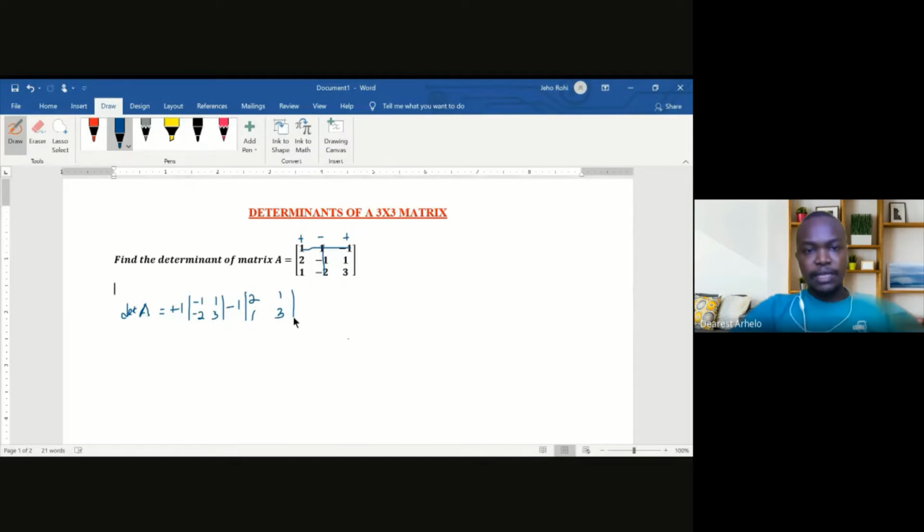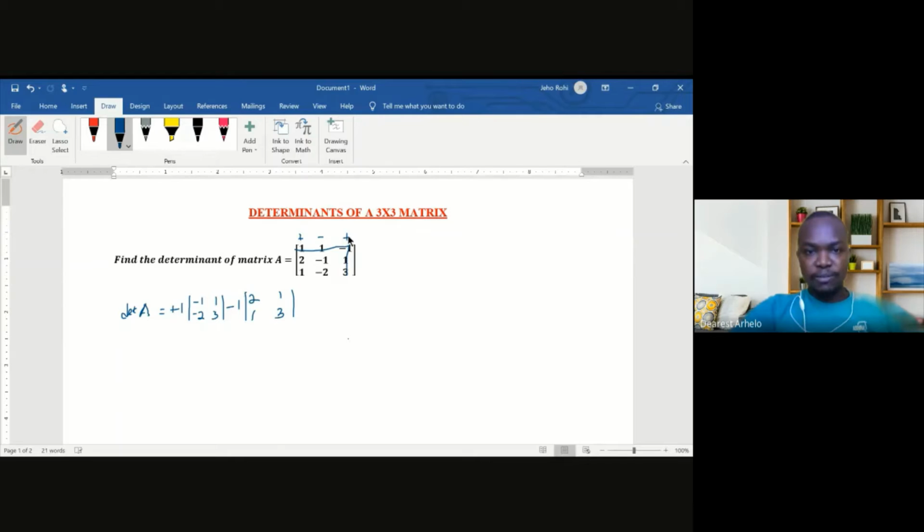Next, we are left with plus minus 1. I can draw a horizontal line and a vertical line through it.